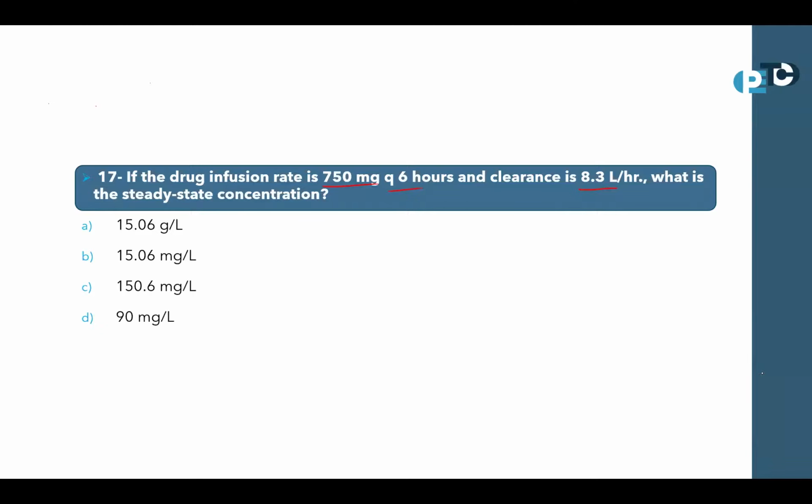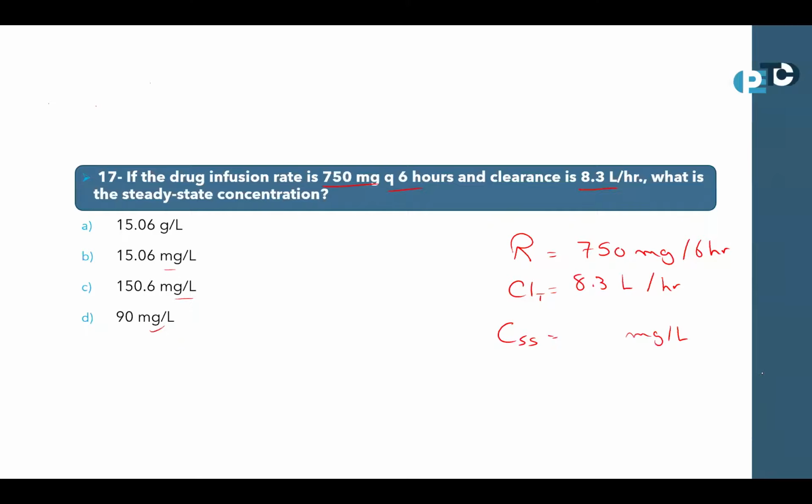We have the infusion rate, which is 750 milligrams every 6 hours. The total clearance equals 8.3 liter per hour. We need the steady state concentration, mostly in milligram per liter.